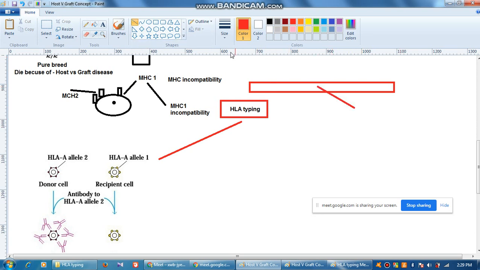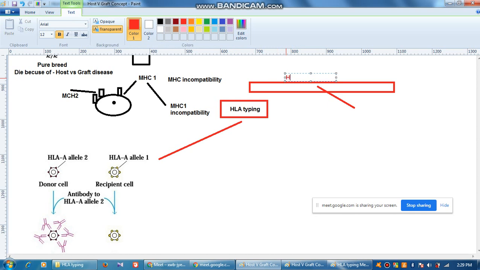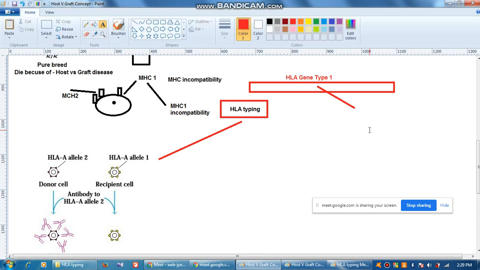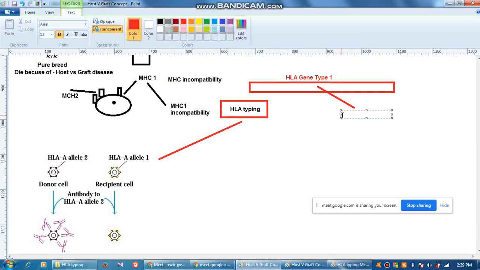The HLA gene, consider that this is the HLA gene for type 1. Now this gene is special from all other genes. Hypermutable gene. Okay, so what does it mean?